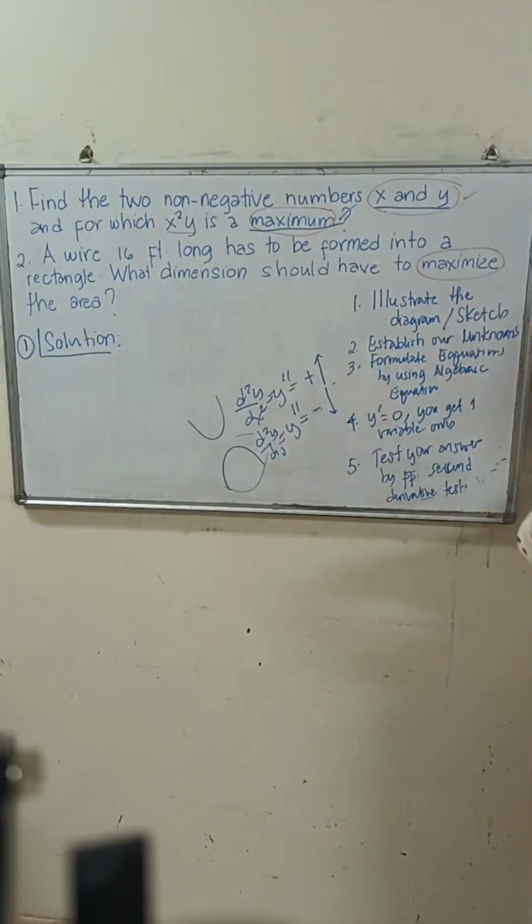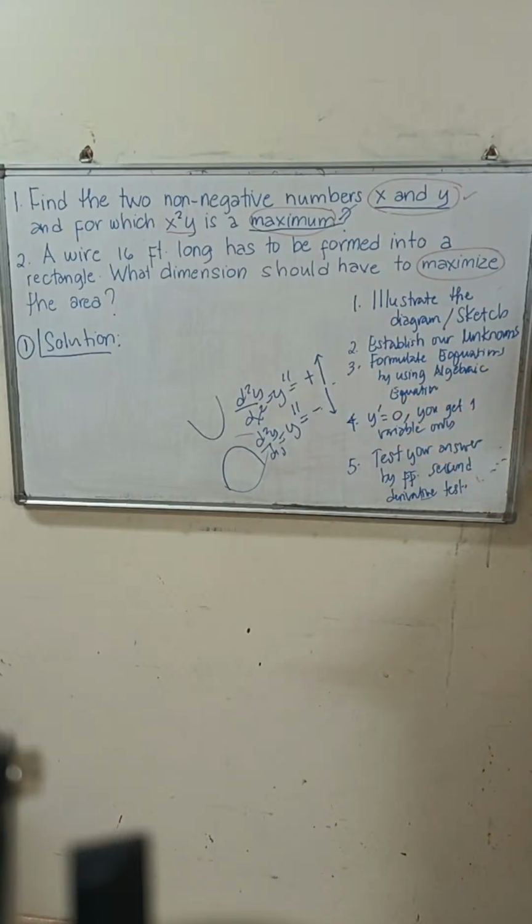But another way of identifying it: if you have an illogical answer, or one not subject to reality, for example a negative length, a negative width, or a negative volume, which is impossible, you don't need to test the second derivative because it's impossible.